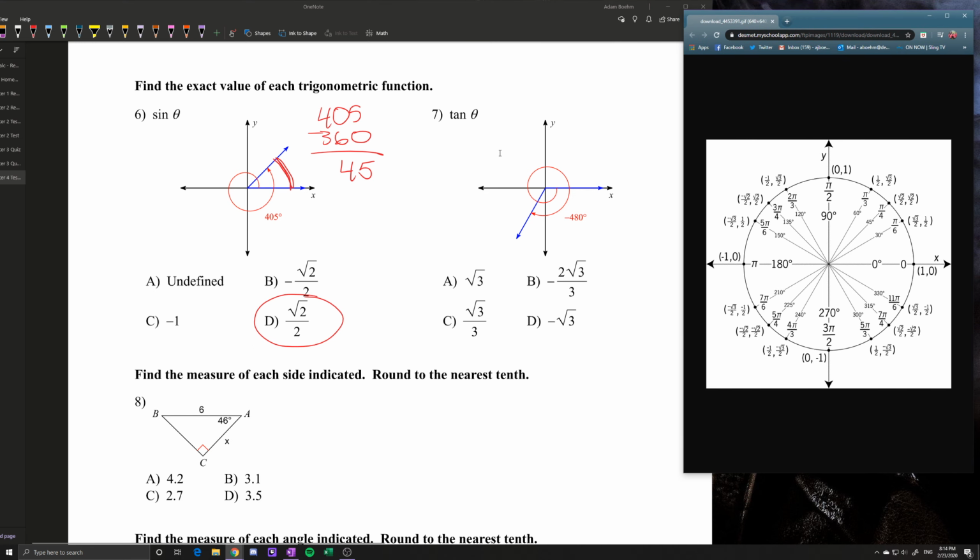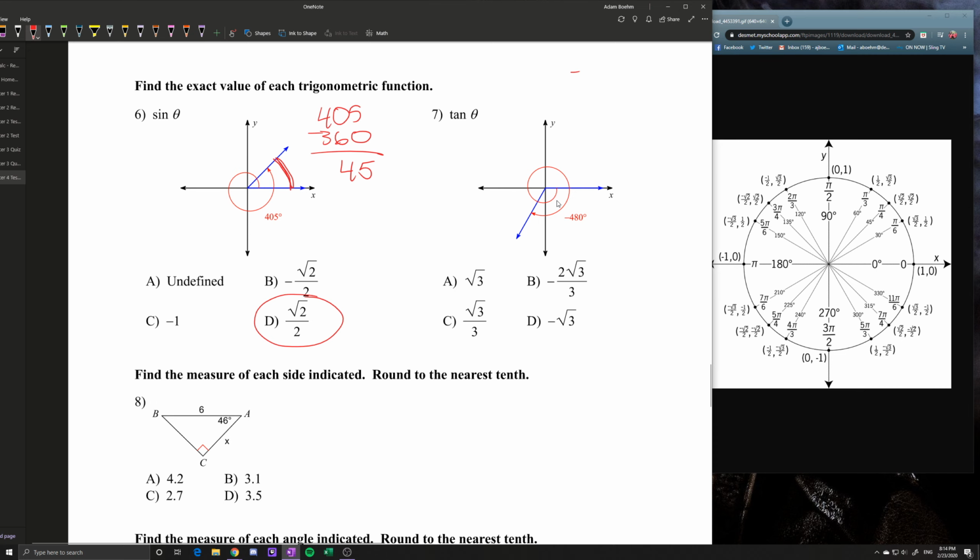Tangent is a little bit trickier because you're taking a ratio of two things. So we are dealing with the angle of negative 480. So we have to add 360 until we get a number that we can deal with.